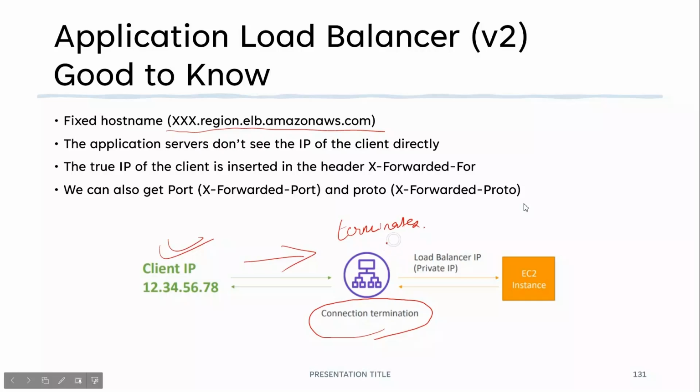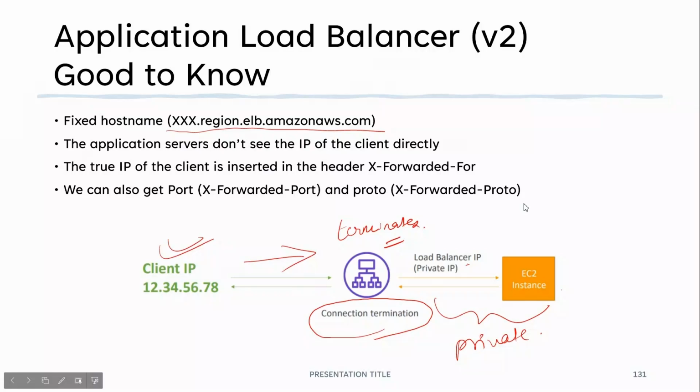Whatever traffic is coming in, it just terminates the connection. Then it communicates with your EC2 instance using a private IP address, because from the ALB to your EC2 instance, this communication happens over a private network. And if you don't understand what I'm saying right now, it is related to VPCs. So basically it communicates with your EC2 instance over a private network.